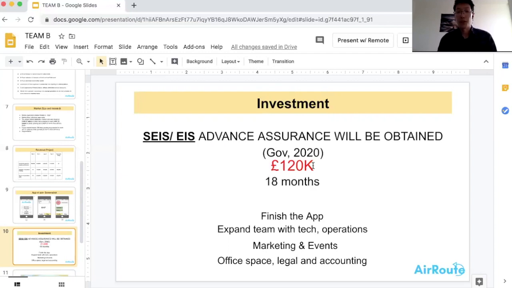It's going to cover finishing the app itself and expanding the team with tech, like finding a CTO and training him if possible, and operations as well, and marketing and events, running advertisements, and office space and legal accounting.